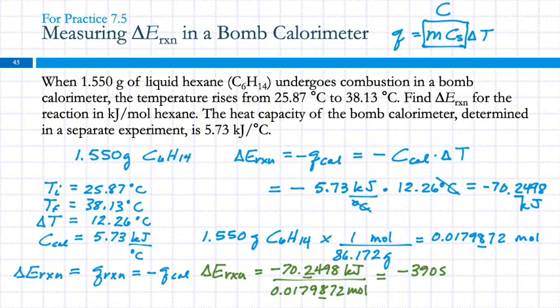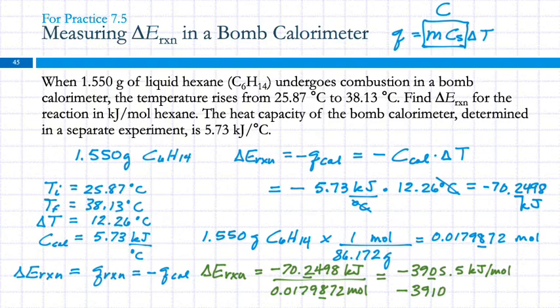Three sig figs. How should I record that? Minus 391? Yeah. I've lost a decimal place.